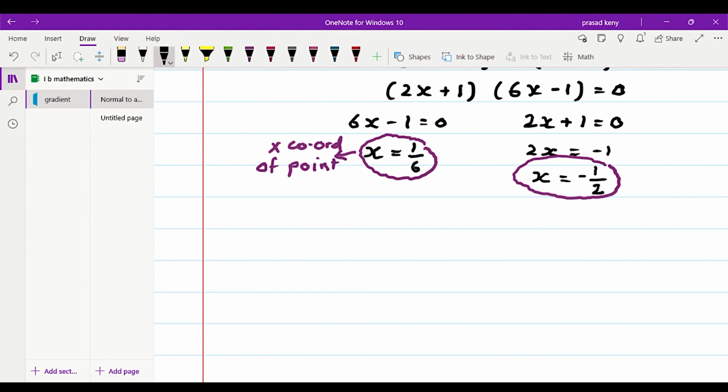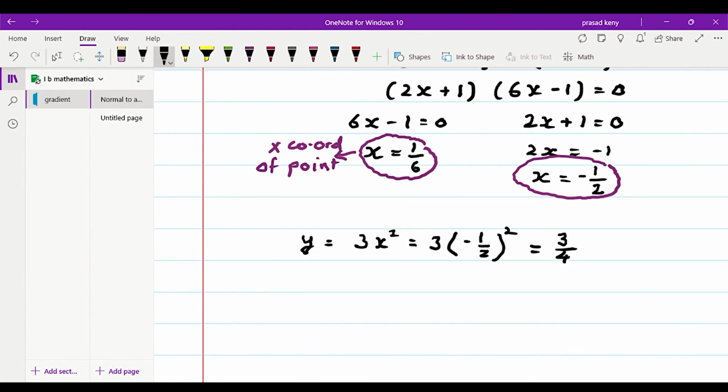So I'll take y is equal to 3x square, and that is 3 into negative 1 upon 2 the whole square, which gives 3 into 1 upon 4, that is 3 upon 4.